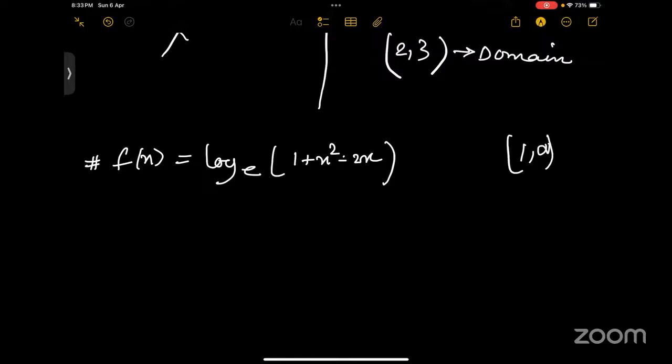Any other answer? I don't know what the answer is. I have to check. We have to do it in a similar way, okay? Similar steps you have to follow. What is coming to my mind? There should be some e involved in the domain.